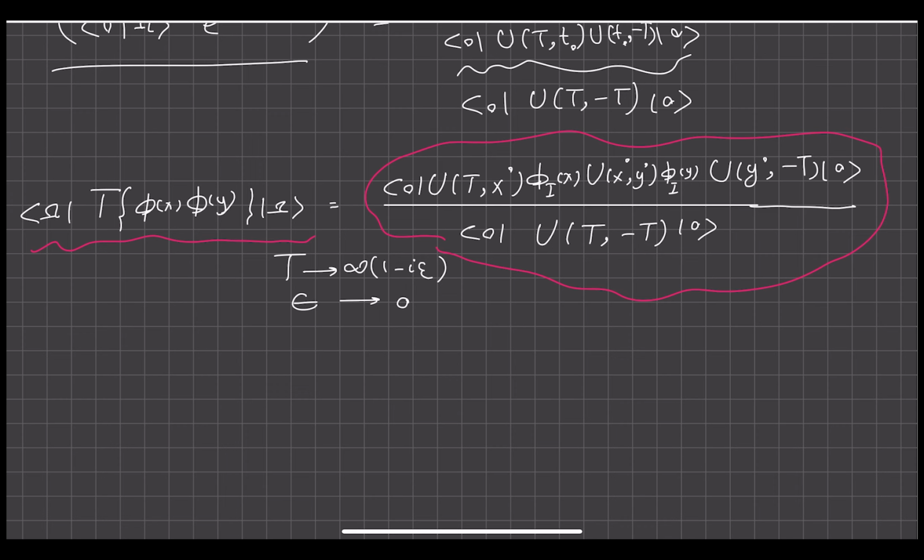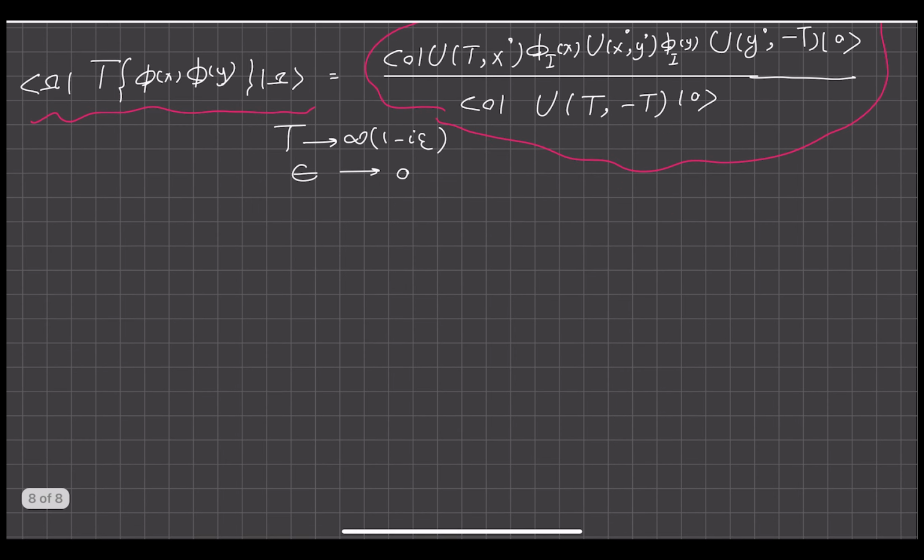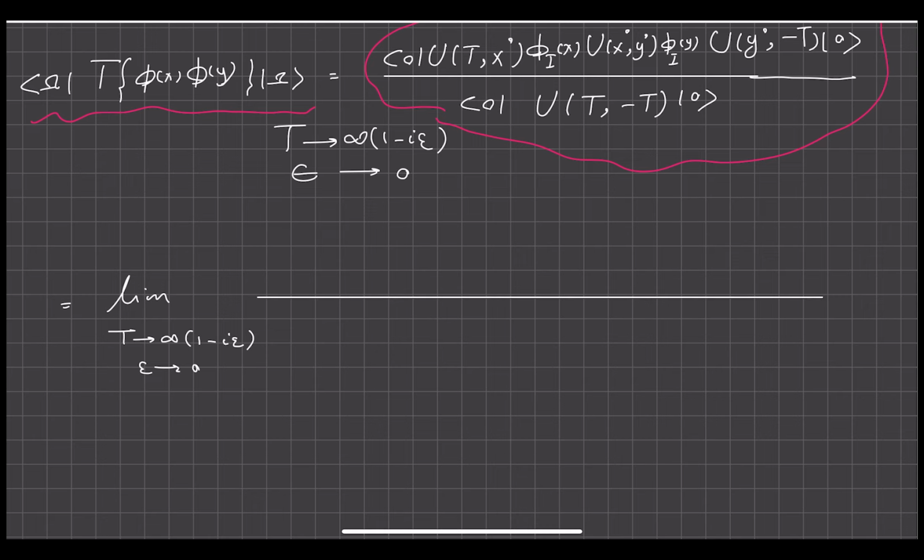expression. So I can basically simplify it into the limit of t and epsilon of, I'm going to rewrite the top as phi_I of x, phi_I of y, and then I have the exponential term of minus i from minus t to plus t.